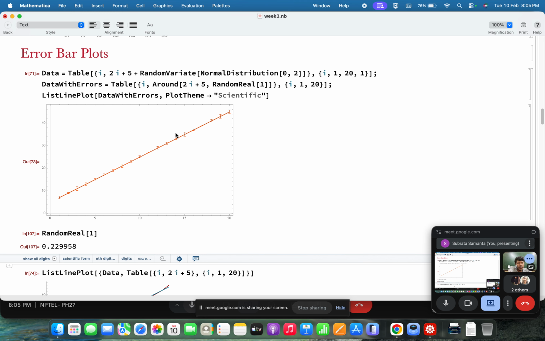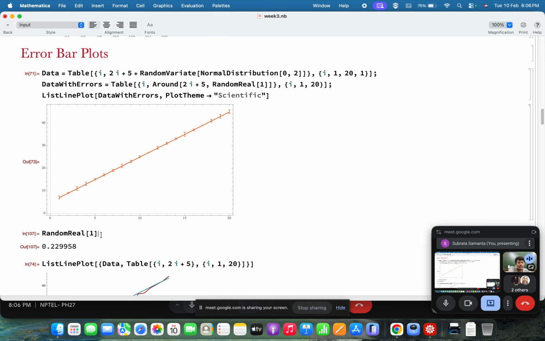This is how you plot error bars in a scientific plot. For each point I just put some random number, and that is my error, at the order 1. That is why all the numbers must be below 1. It is 0 point something.